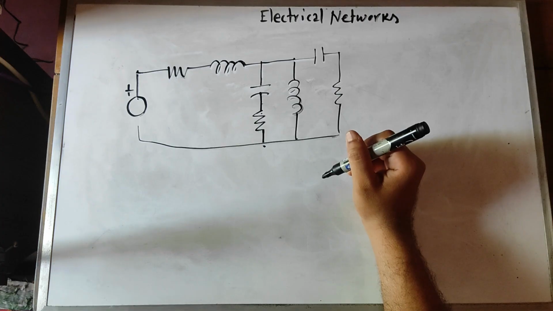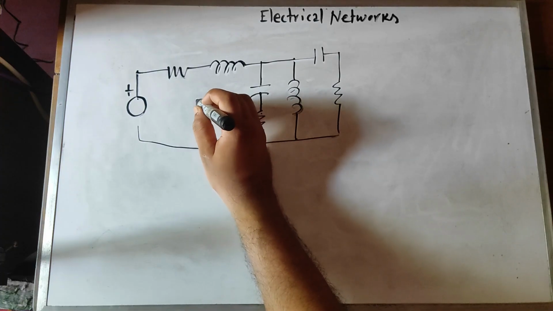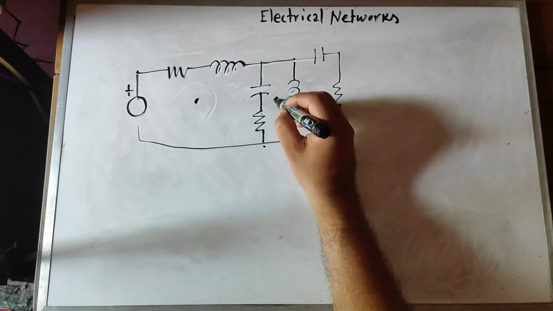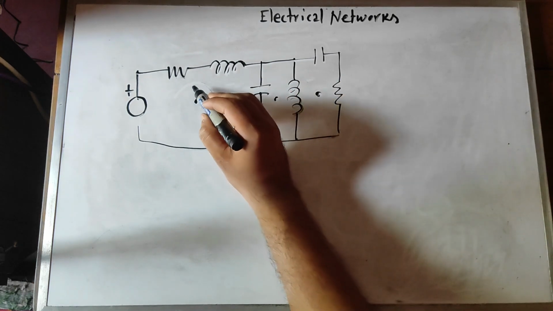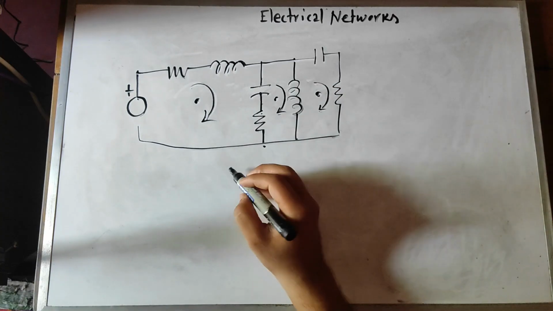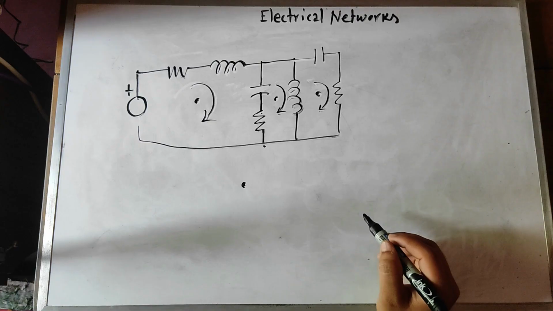So we know that for loop the dual is node. So we have to take node. So this is a node, and this is a node, and this is a node. So for this loop and this loop, we need an extra node for reference.